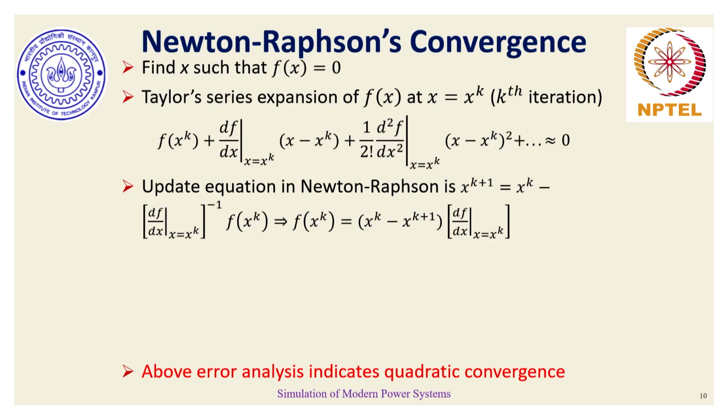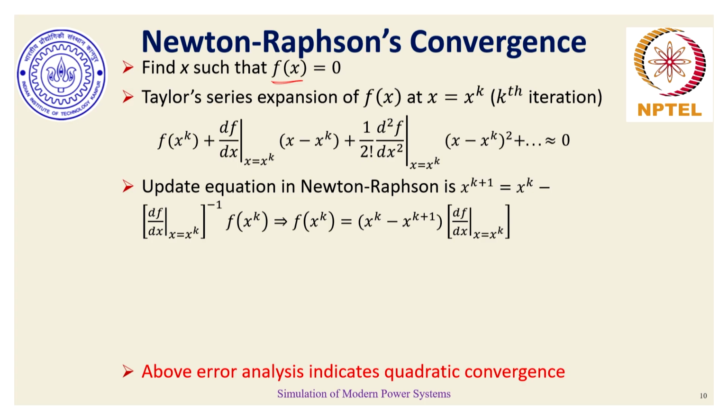So with that, if I have to understand the convergence pattern of a generic Newton-Raphson method, irrespective of whether voltages are in polar coordinates or rectangular coordinates, I'll take the case of a single variable, single polynomial function. The same discussion will be applicable for multivariable functions also.